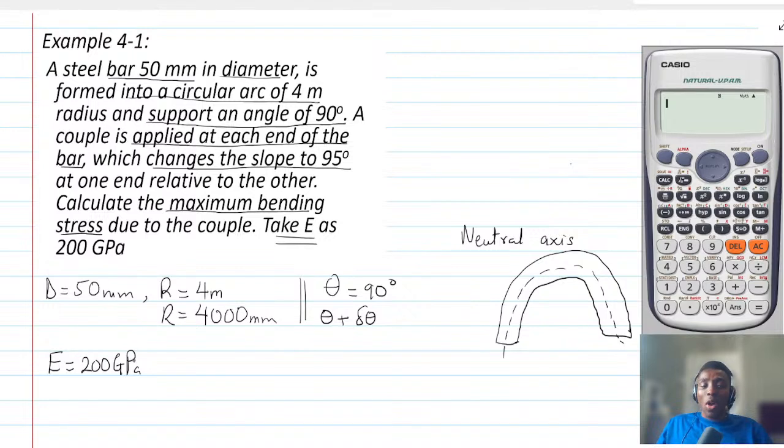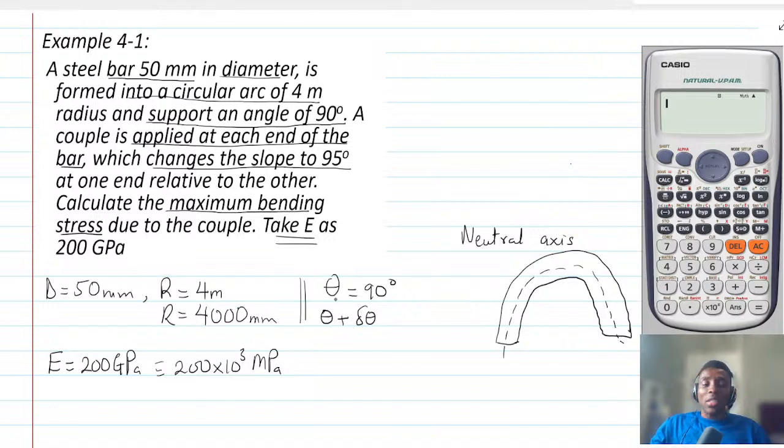Whenever you have 200 gigapascal, it is the same as 200 times 10 to the power 3 megapascal. If you don't do this and you use just the 200, you will get it wrong. So whenever you are dealing with things like this, be careful about the units. All right.